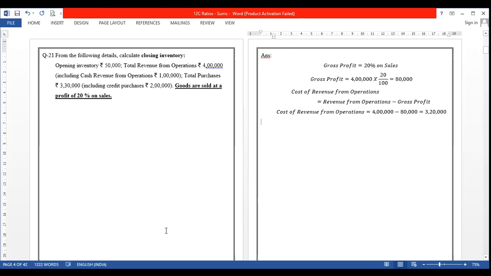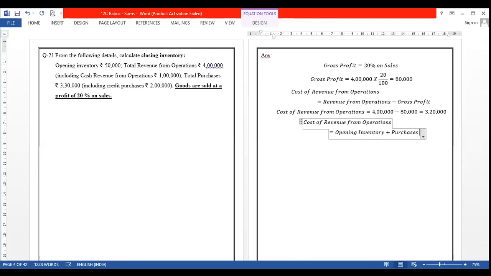Now what? Then we will use the formula: cost of goods sold is equal to opening inventory plus net purchases minus closing inventory. Very good. Cost of revenue from operations is equal to opening inventory plus purchases minus closing inventory.